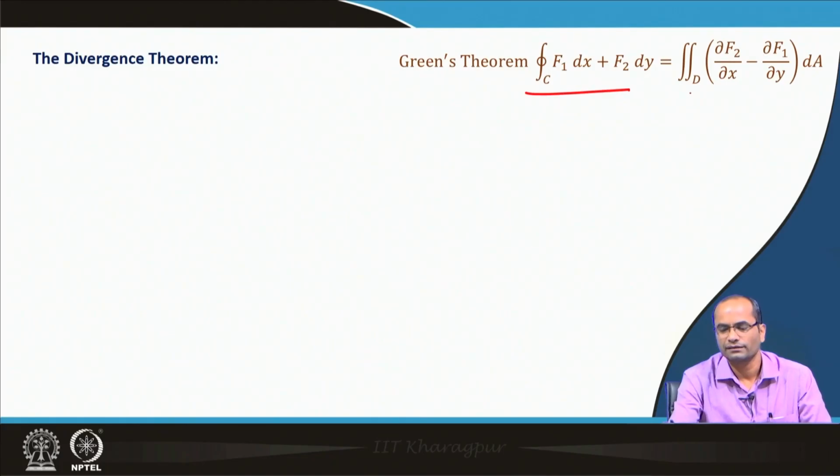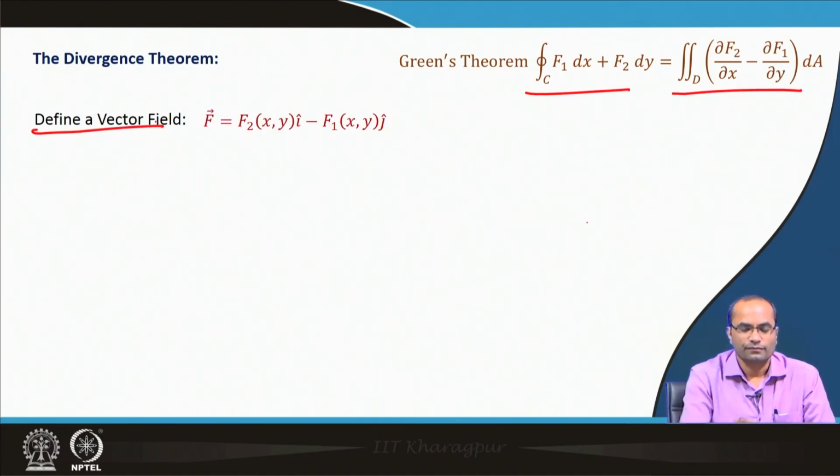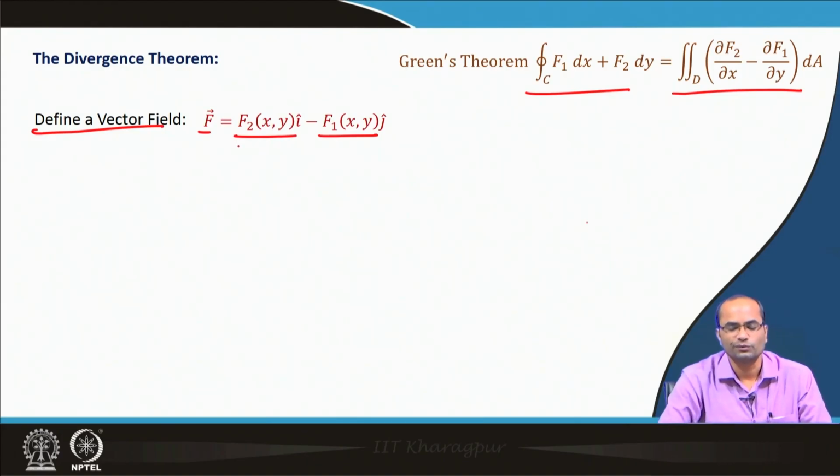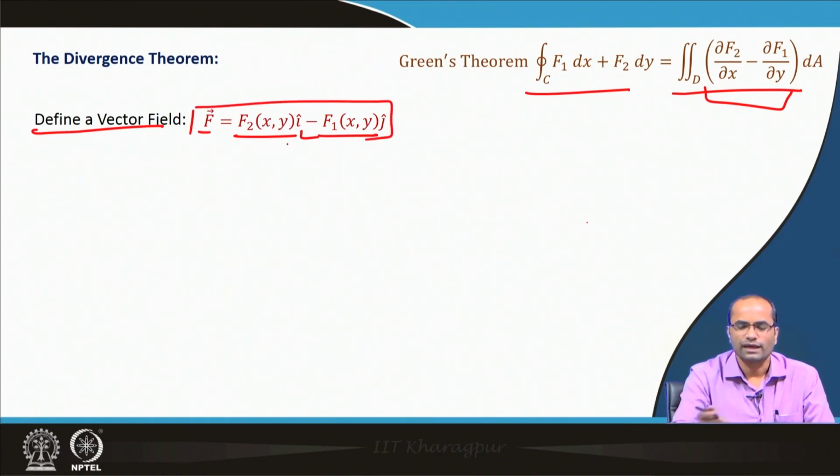I have written Green's theorem once again. We define the vector field F in such a way that we have the 2 components F2 and minus F1. The minus sign is taken just to get the desired form of Green's theorem, but we can actually work with F1 i and F2 j as standard notation. Here, it is just to show exactly that we get the form written on this slide.